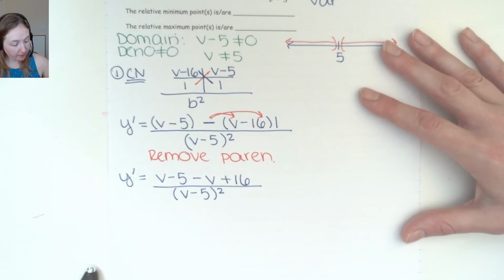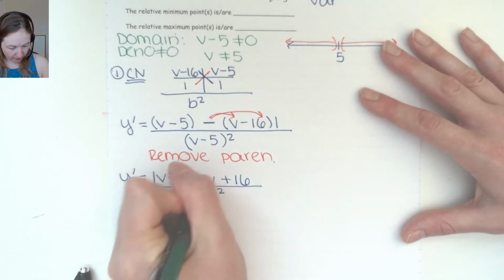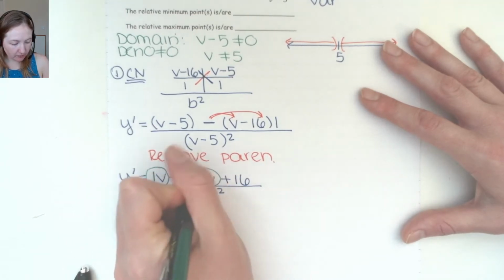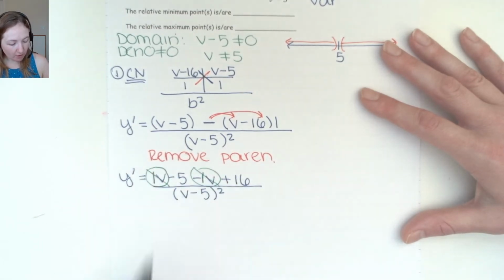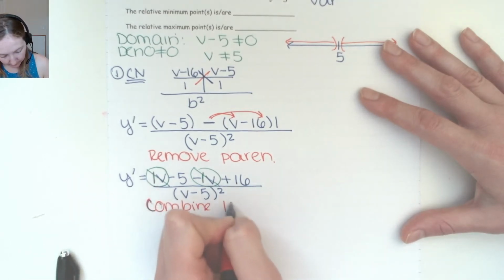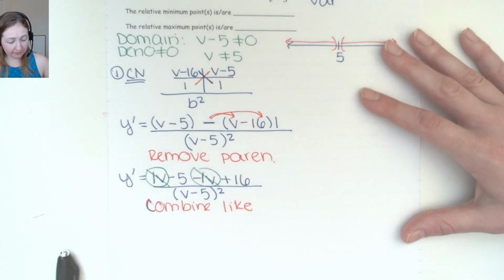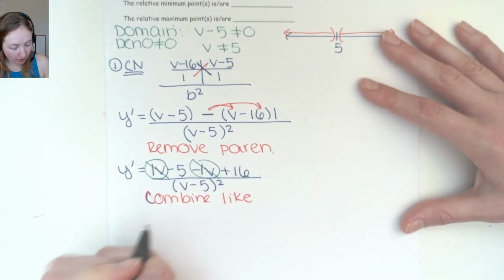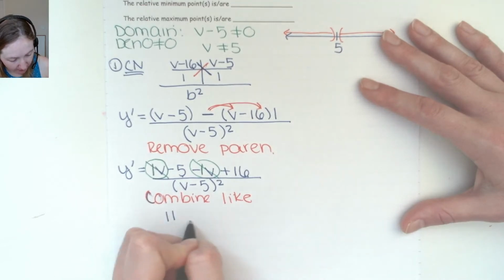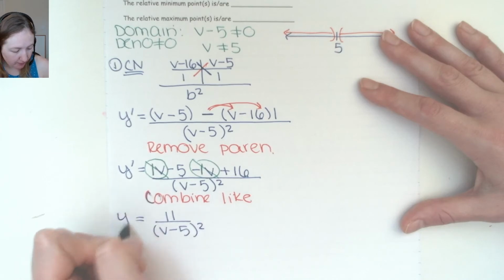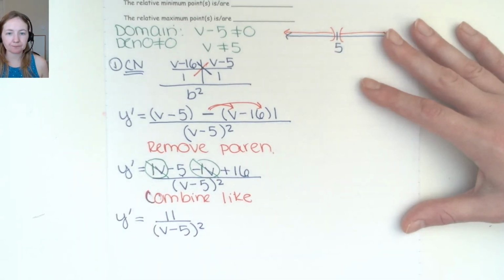You'll notice that you have a positive 1v and a negative 1v. So those terms are going to cancel. So our next step is simply to combine our like terms. And the only like terms that we have are those constants of negative 5 plus 16. So that gives us 11 over v minus 5 squared is equal to y prime.